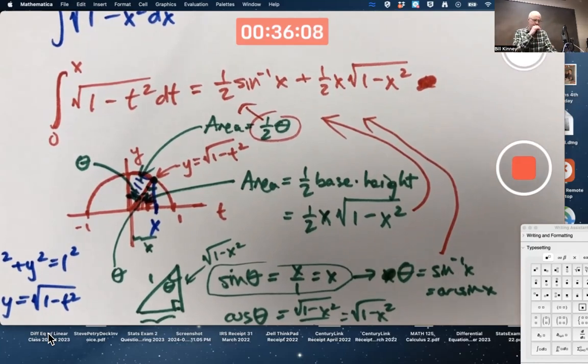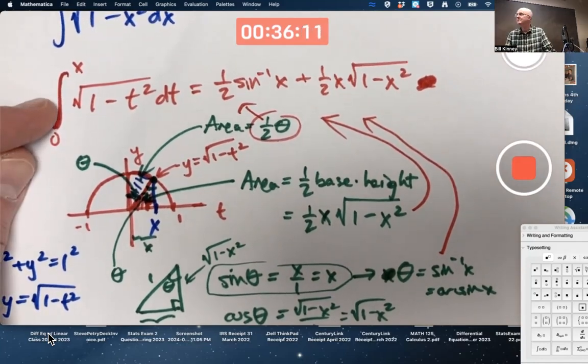This is really a definite integral. If I think of x as a definite number, there should not be a plus c.